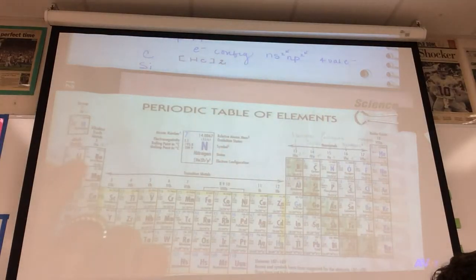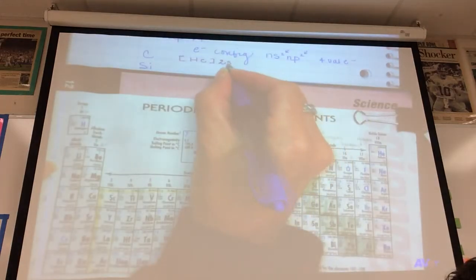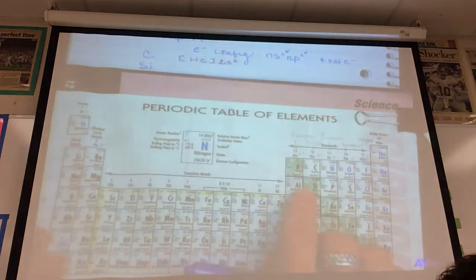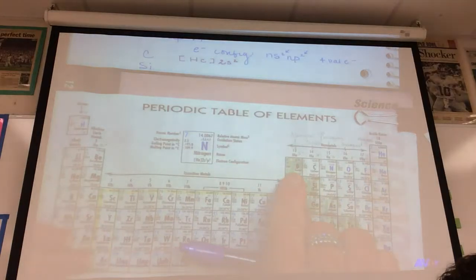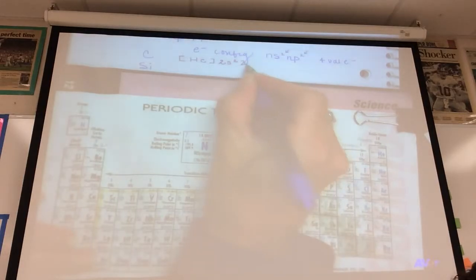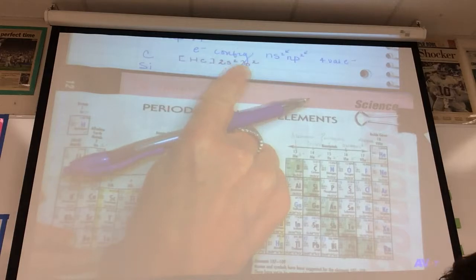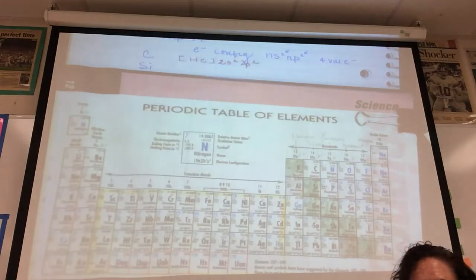If you were here, you'd have 2s1. If you were here, you'd have 2s2. If you're past this, you keep going. So 2s2, and then back to 2p, this would be 1, this would be 2. So carbon is [He] 2s2 2p2.